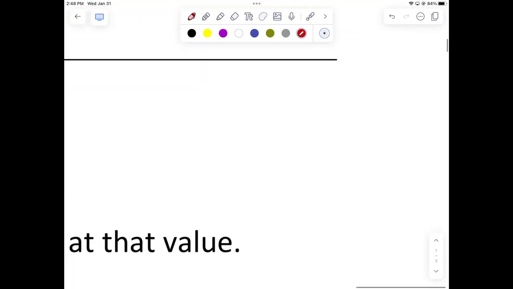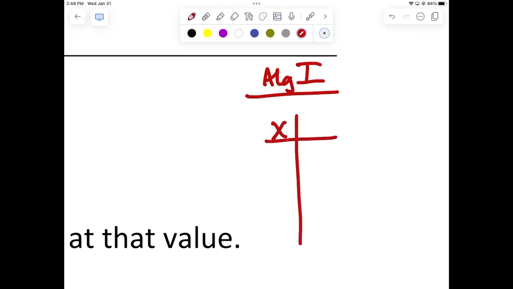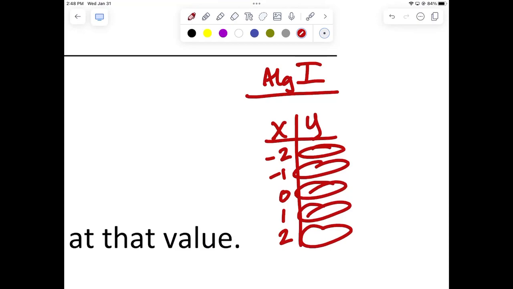And we want to avoid doing what we did in Algebra 1. Remember in Algebra 1, when you wanted to see what a graph looked like, you would make a little t-table, and you would have like -2, -1, 0, 1, and 2. You would pick random values of x, and then you'd plug them in, and you'd find the y values, and then you'd have these ordered pairs, and then you would just connect the dots. Remember doing that?